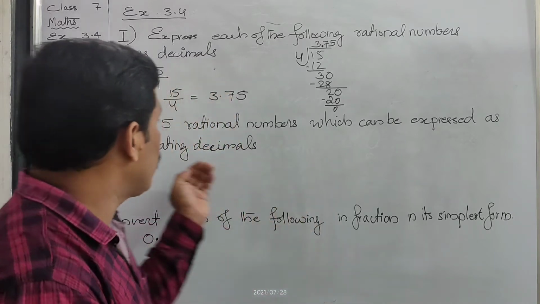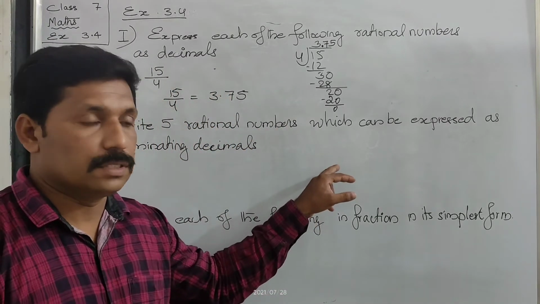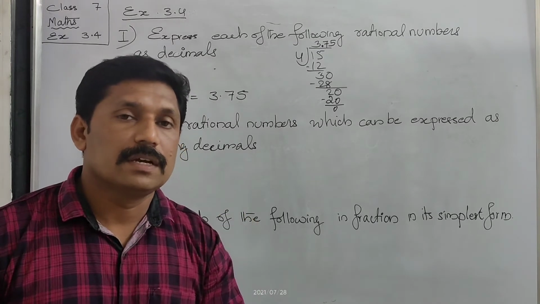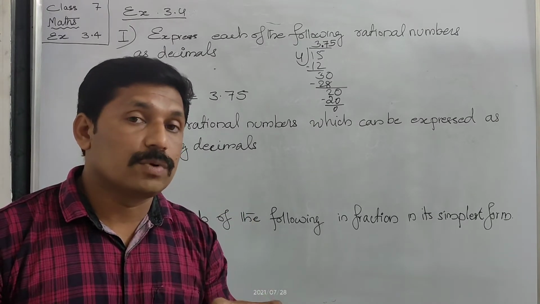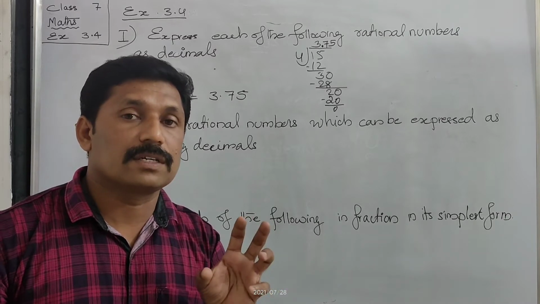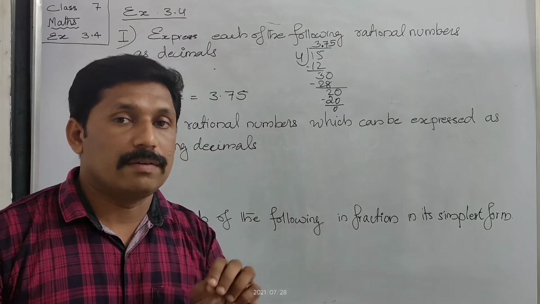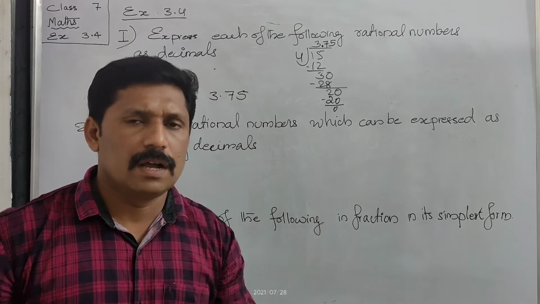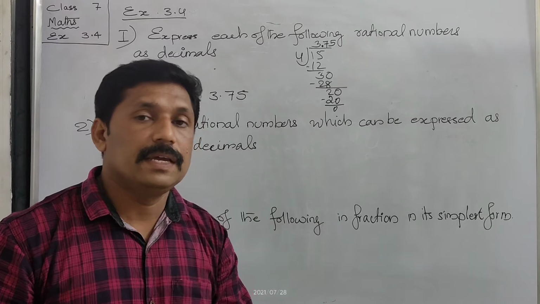So here we have to write 5 rational numbers which can be expressed as terminating decimals. Make sure that the factors of the denominator will be 2 or 5. So here we can write denominator 2 or 5. Then such rational numbers will be terminating decimals.